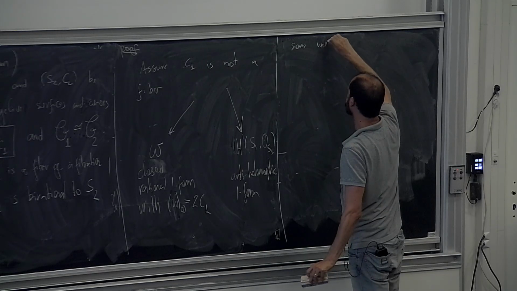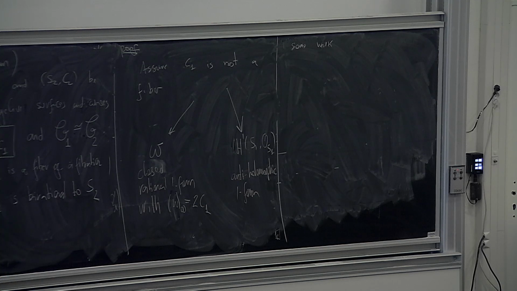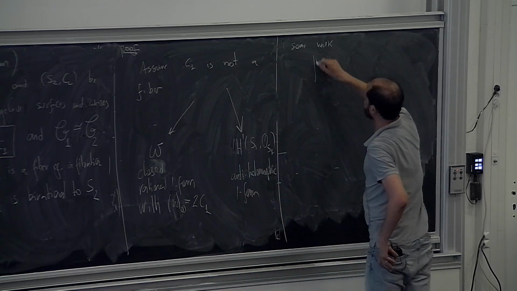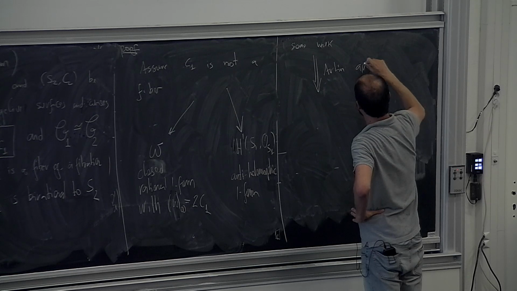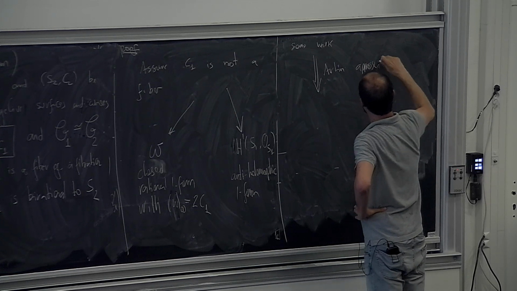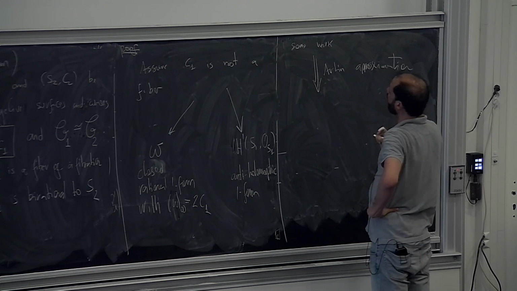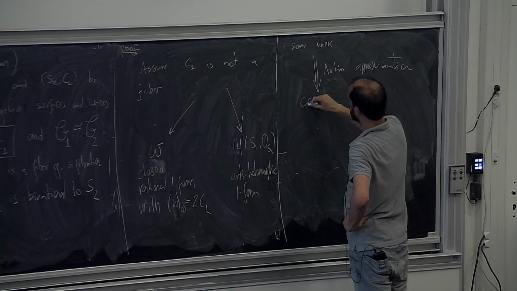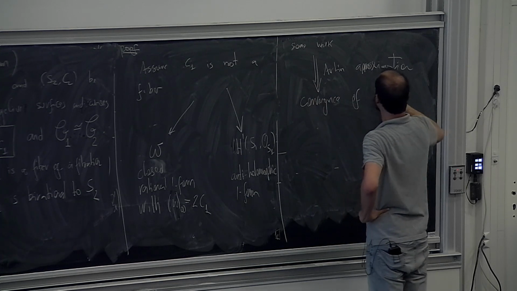Essentially, all these things are exact, and so locally it is some work, an Artin approximation, that implies the convergence of the formal isomorphism.